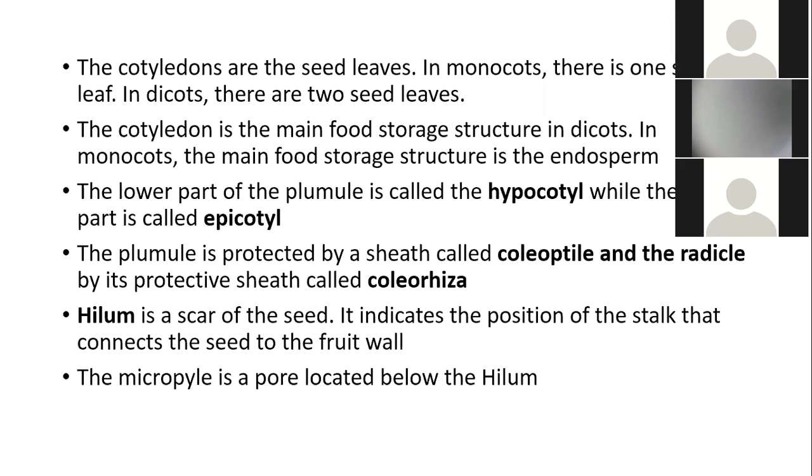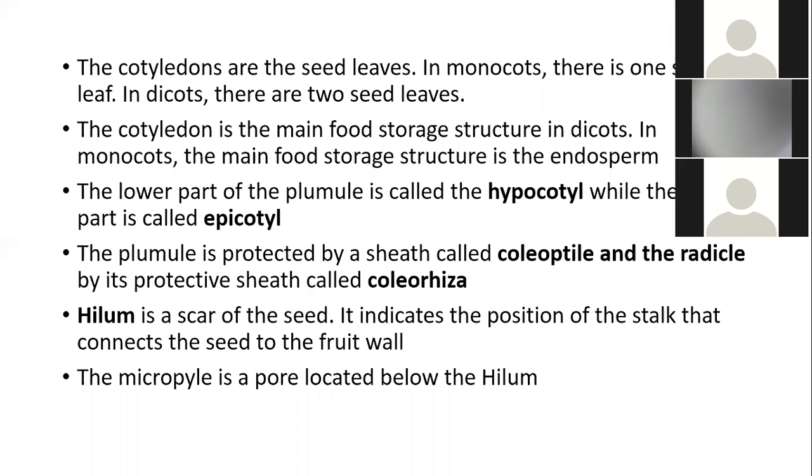So as you can see, monocot means it has 1 cotyledon, that is 1 seed leaf. And when the seed or the plant has two cotyledons, we refer to it as dicot. So have that in mind. Either monocot or monocotyledonous plant, or dicot or dicotyledonous plant. Both are acceptable.